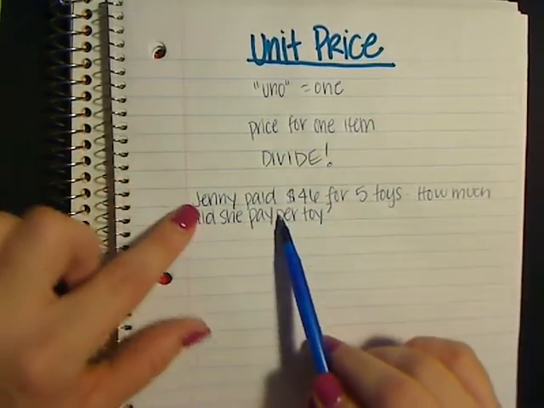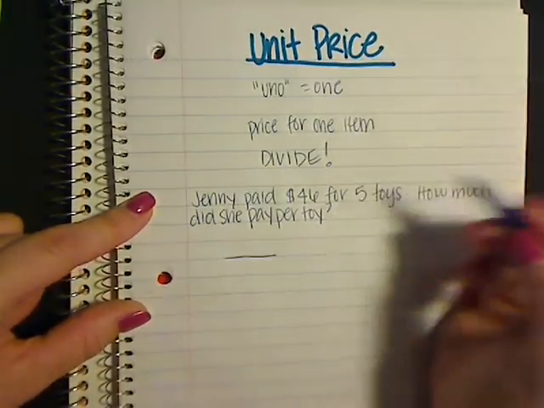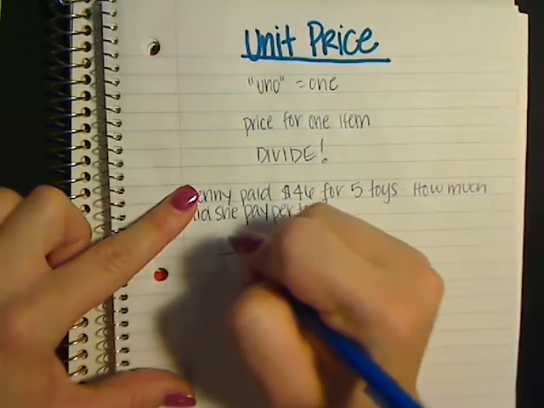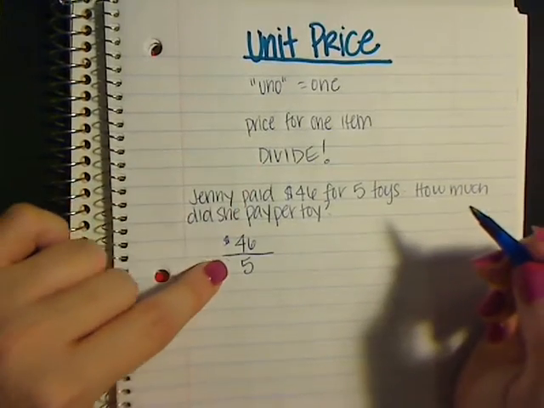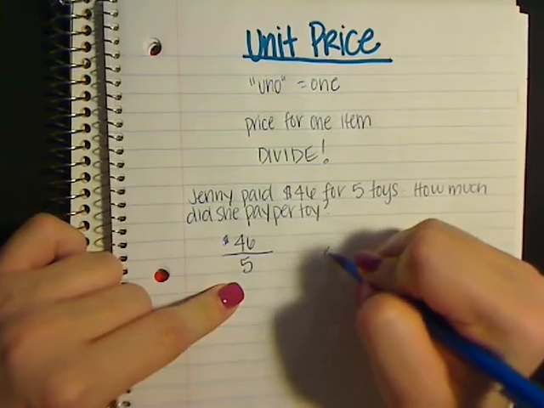So per toy, for one toy. So I know toys needs to go on the bottom. She had 5 toys and she paid $46. Okay, so remember, to figure out my answer, I'm going to divide 46 divided by 5.